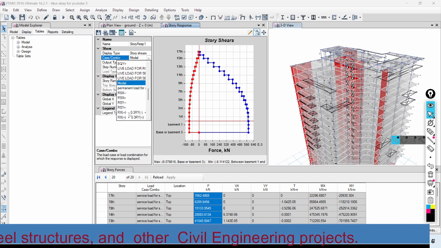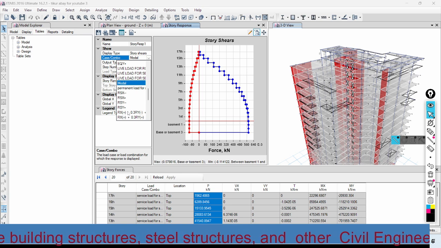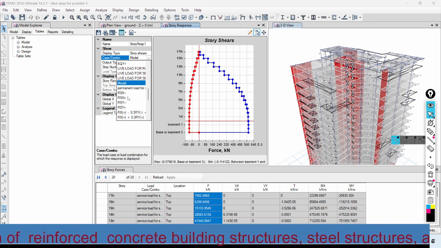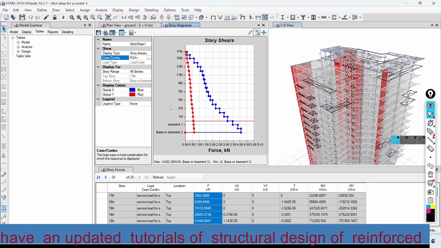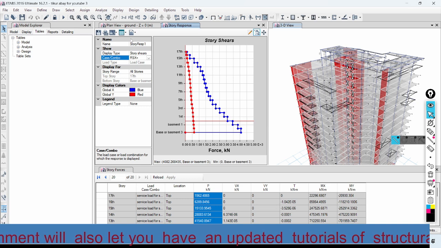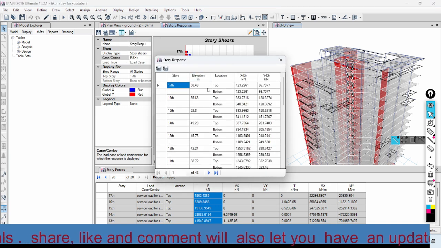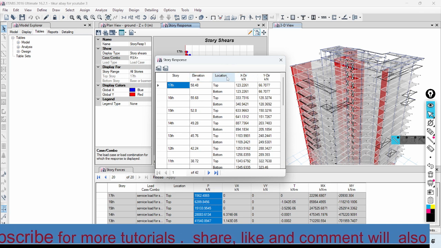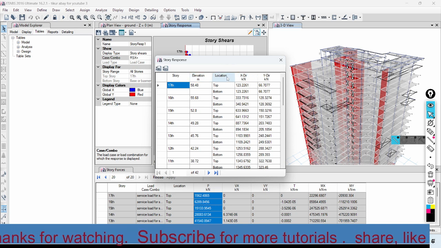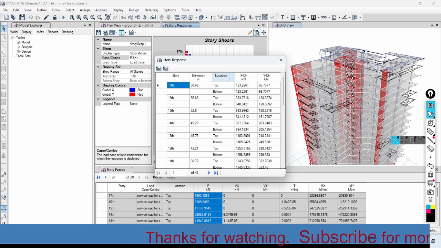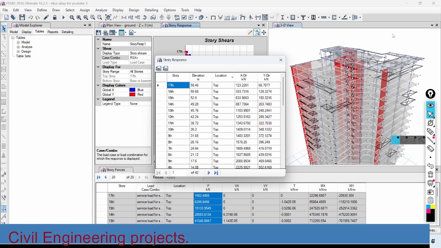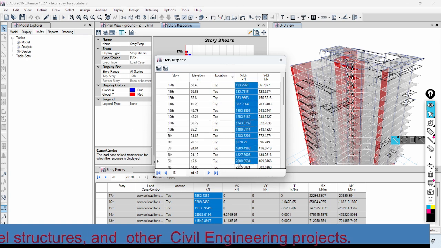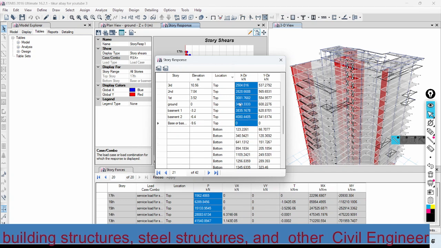That means the response spectrum in x direction, because I am considering positive x direction. So here in format, and the location has to be at the top, and I need to copy this value.